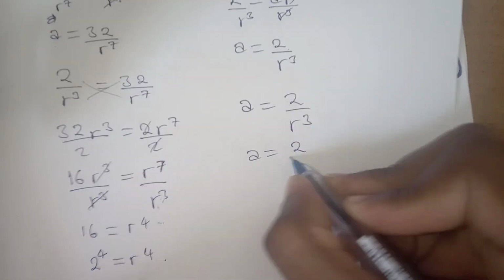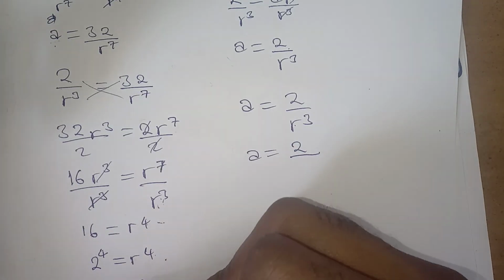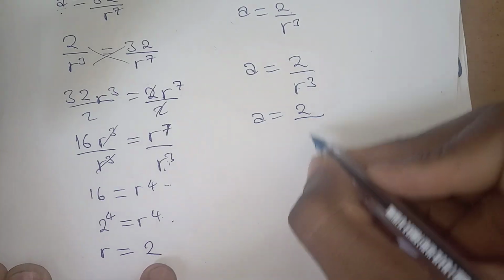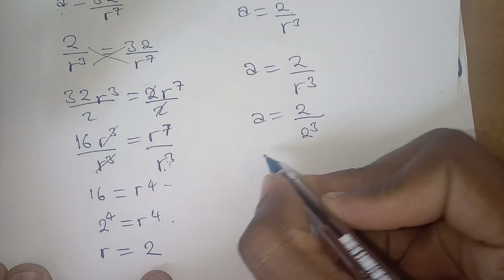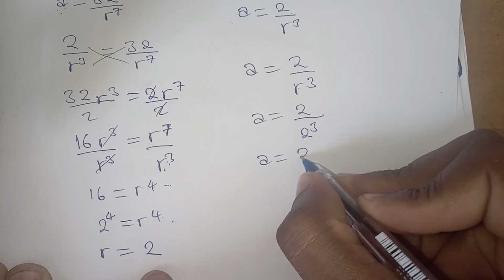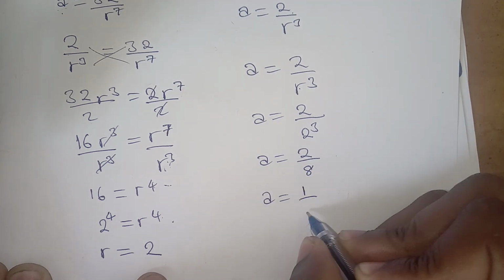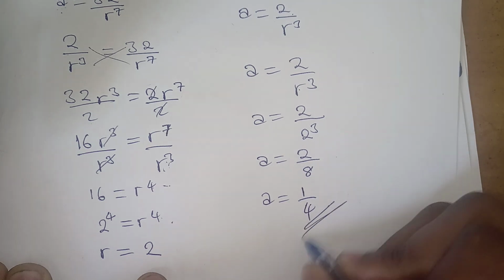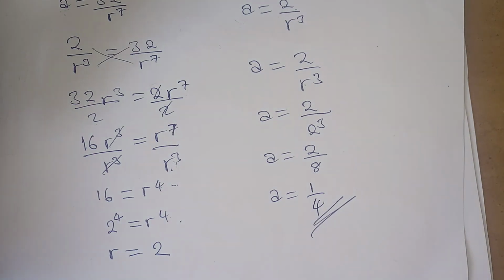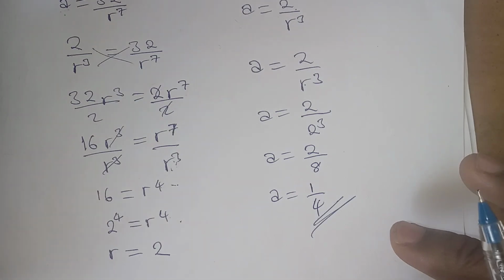So this will be 2 over, our r is 2, so I can write 2 to the power 3. So this one will be 2 over 8, which is 1 over 4 as your A. And you are done with part A.